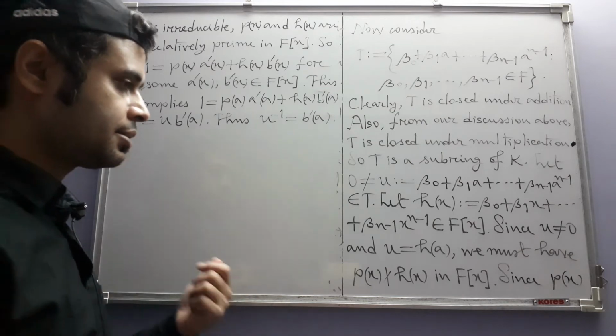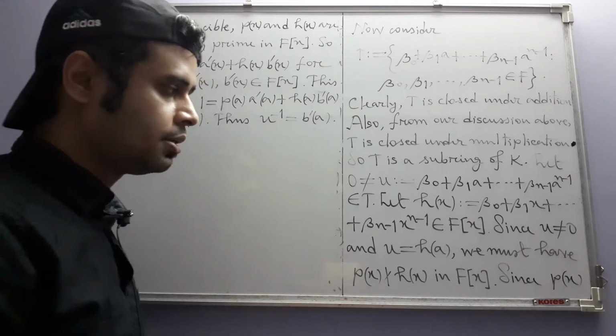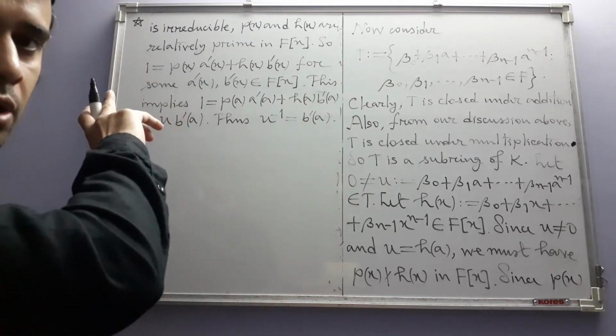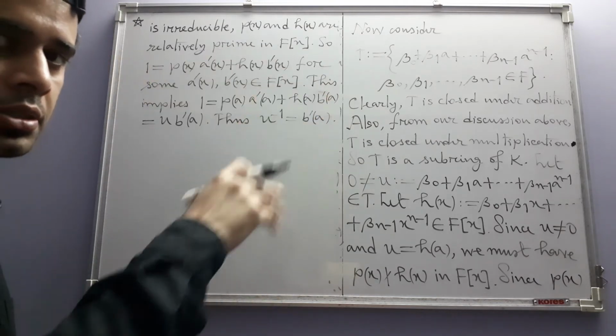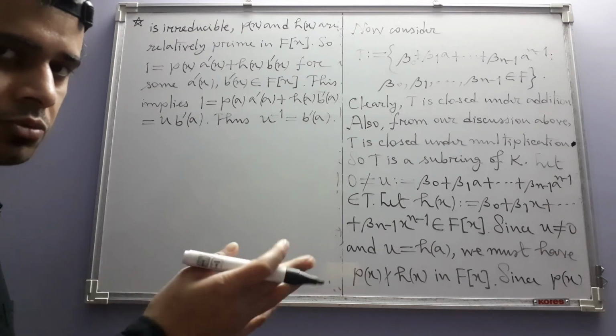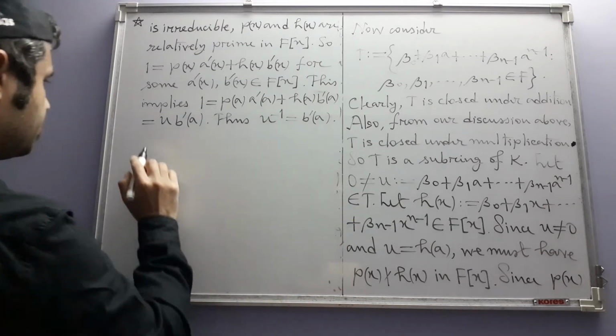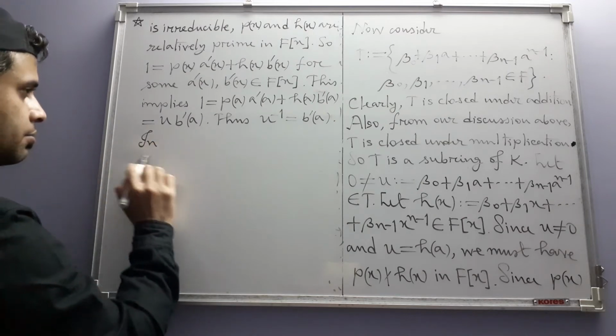If it has higher terms, then those higher terms can be reduced using that formula: A to the power n plus k is a linear combination of those powers from 1 to A to the power n minus 1.